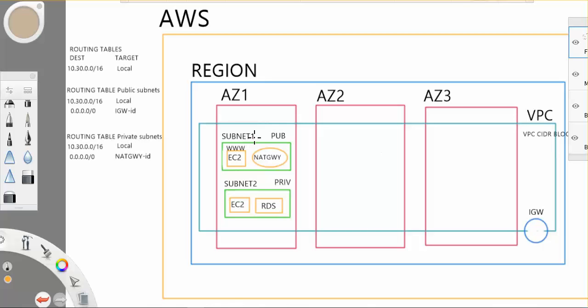So for instance, for this subnet 1, let me show you what IP address range it can have. Because we're going to assign it a certain smaller range of IP addresses, any machine that you place here will be able to get an IP address in that particular smaller range of your VPC, okay?